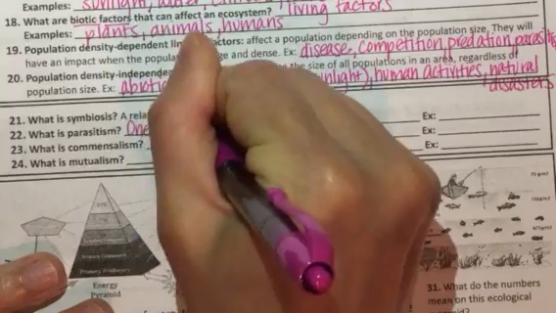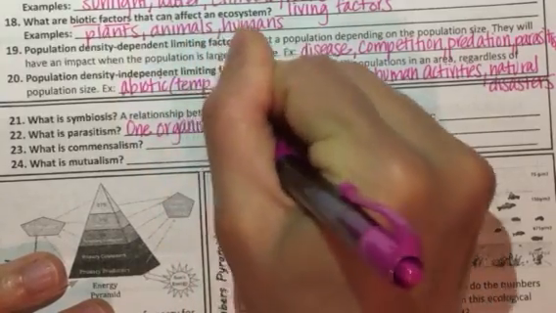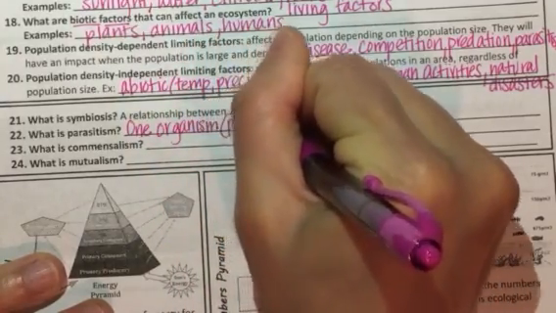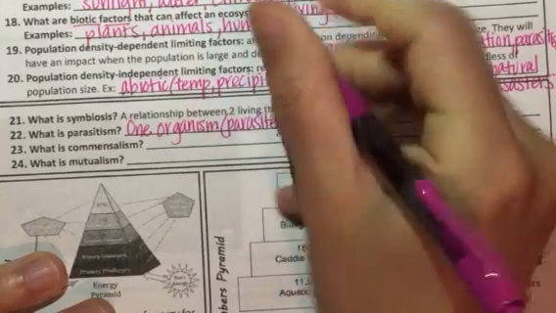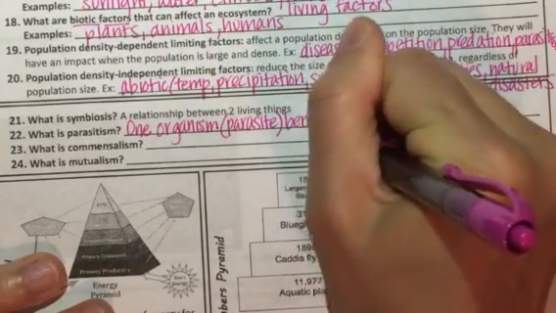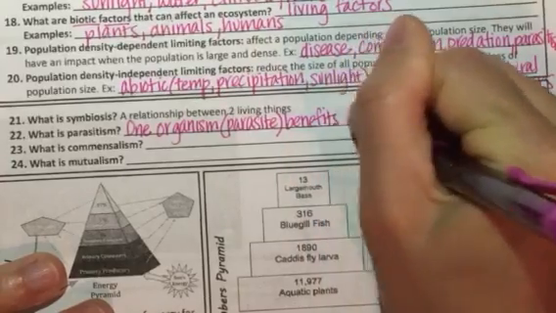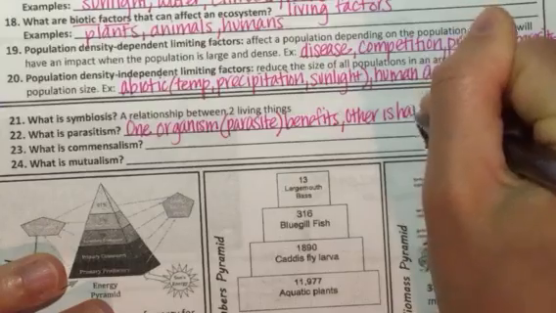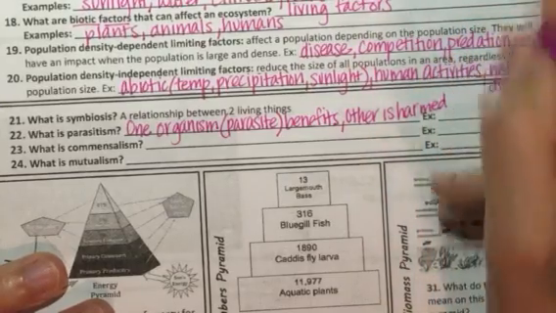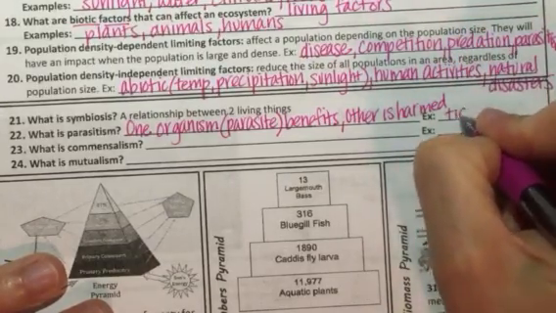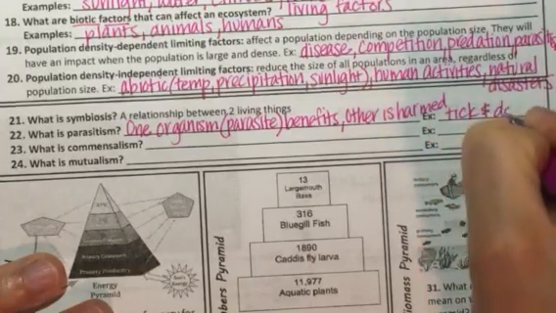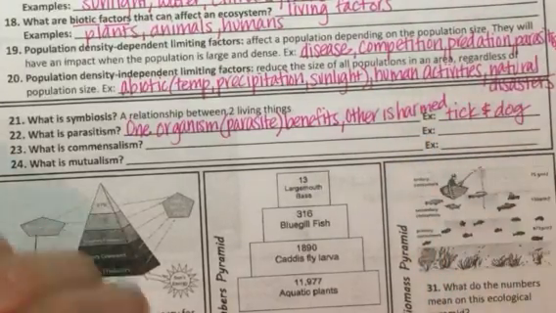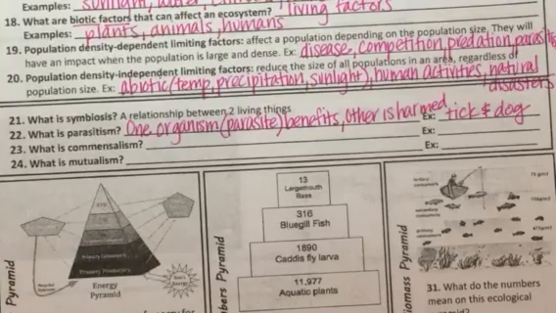One organism, which is typically the parasite, benefits and the other is harmed. A real simple one that a lot of people remember is a tick and a dog. The tick is the parasite, the dog is the host.